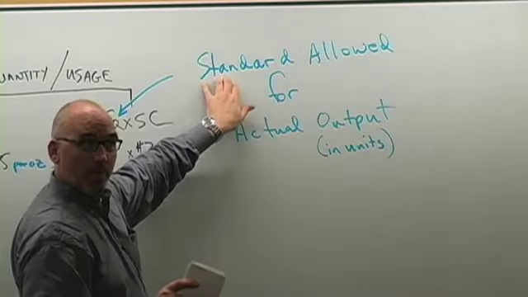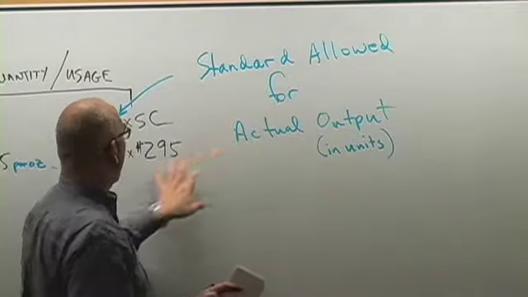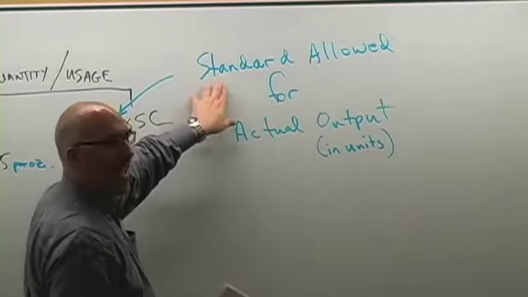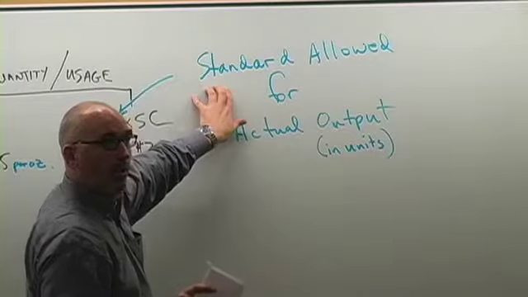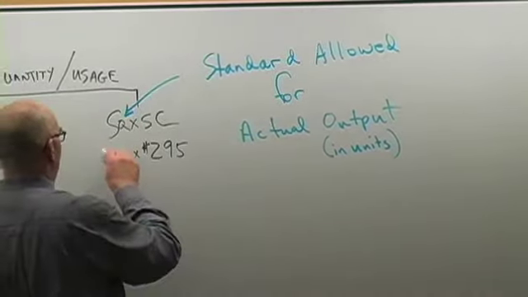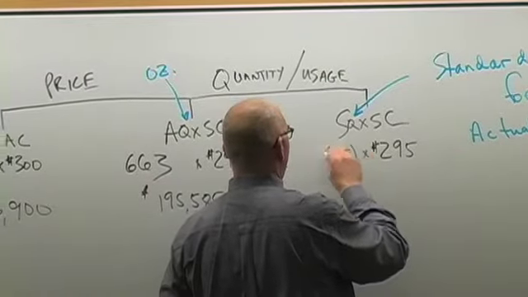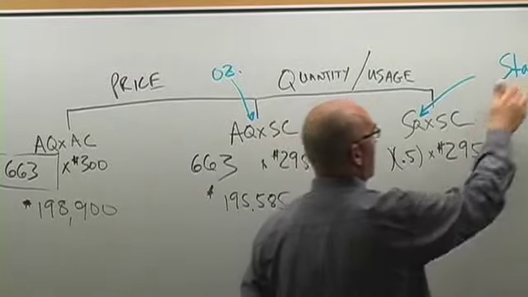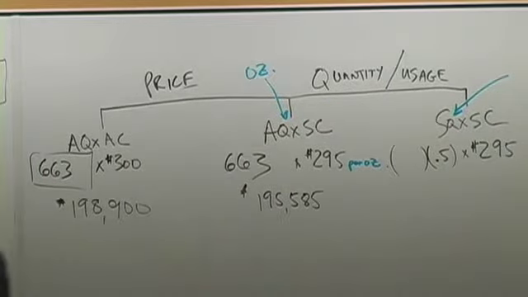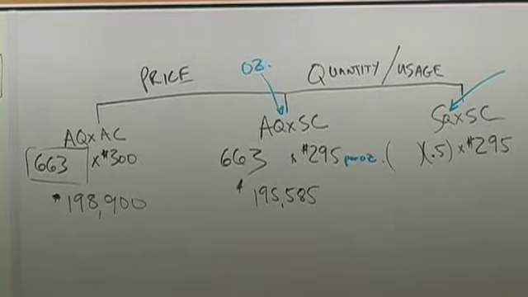Because if you read the words, the standard is $295, and then the standard is half an ounce per ring, right? So the half an ounce definitely goes there, 0.5, but it is the standard allowed. So what we still need now then is actual number of units produced.